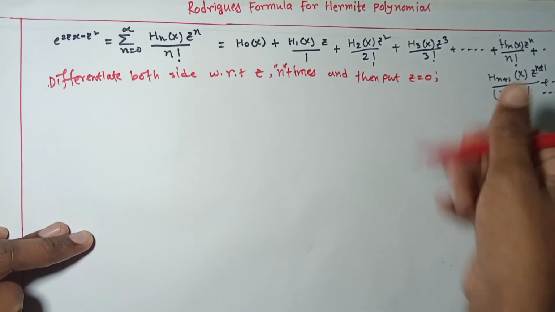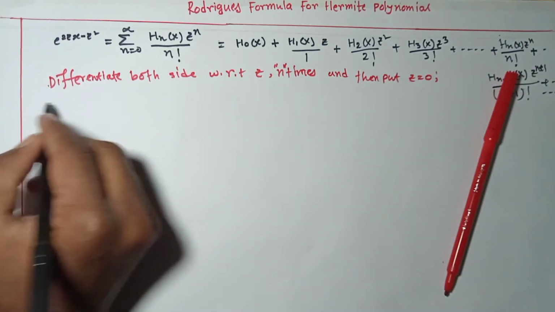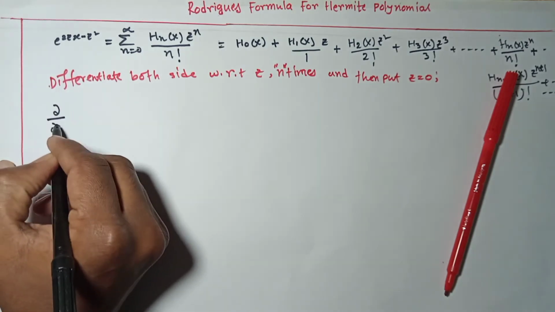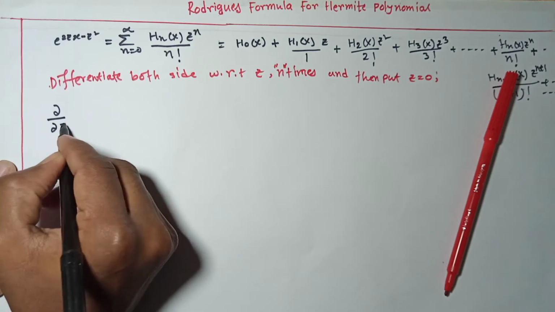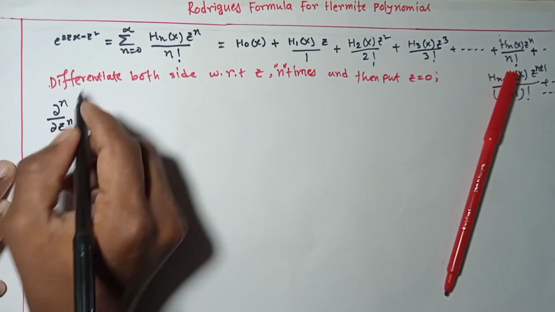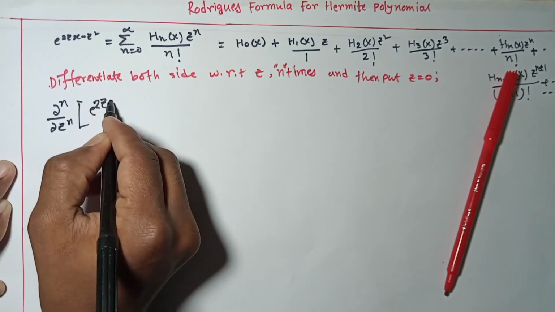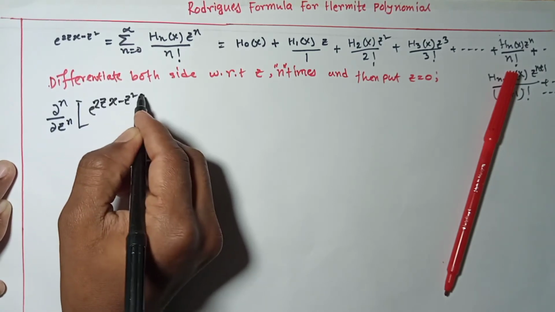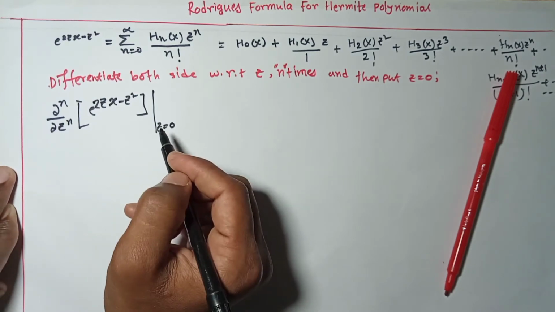So we take the partial derivative n times with respect to z, and we get the n-th derivative of e to the power 2zx minus z squared. Then we put z equal to 0.